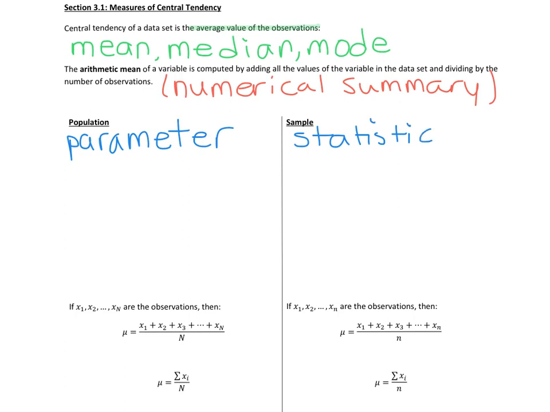In addition, we have special notation, of course, right? This class is all about special notation. For population, we always use Greek letters. And then for samples, to notate samples, we use Roman letters like A, B, C, D, E, F, G, stuff like that.